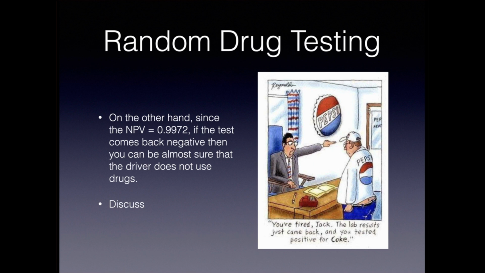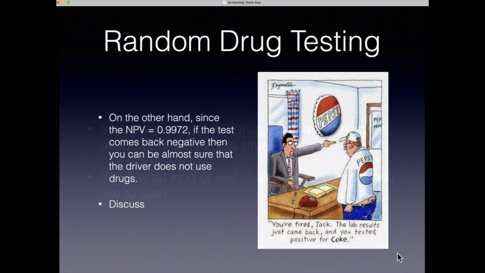Now, in reality, in a situation like this, especially where you have a population of employees where the prevalence of drug use is very low, what we're seeing here is that we would need a much more accurate test in order to have a high enough positive predictive value to be able to act when somebody's test came back positive.